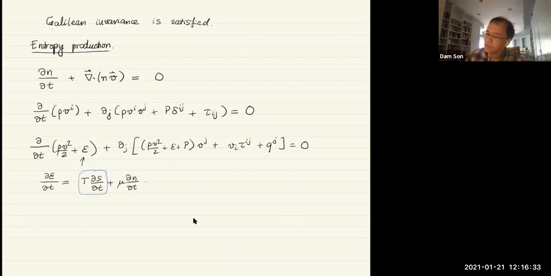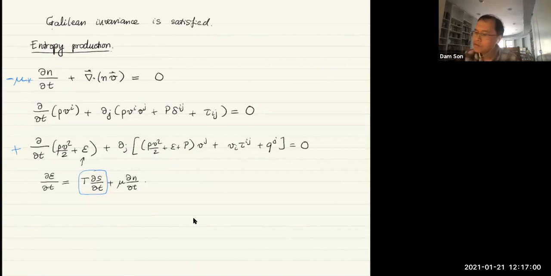For example, you multiply the first equation by minus mu and add it to subtract the mu dN over dt. In the general form, you also need to use the second equation.